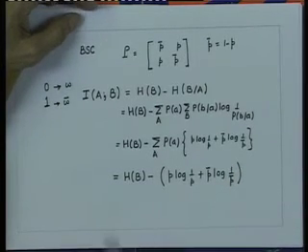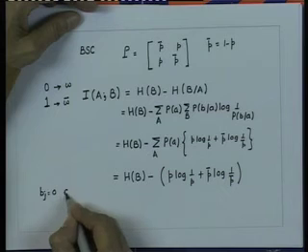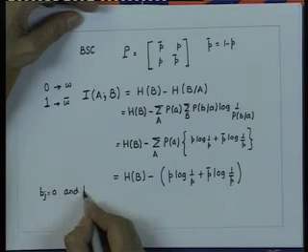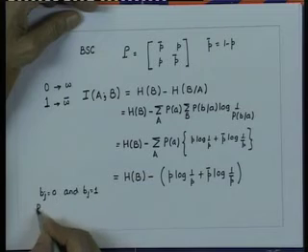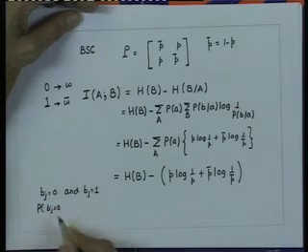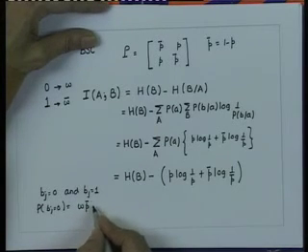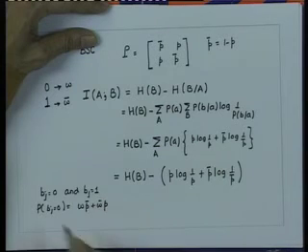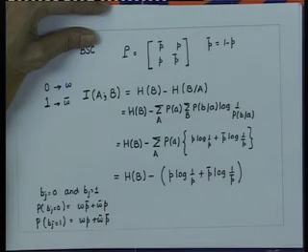Now, the probabilities that B j is equal to 0 and B j equal to 1 can be easily calculated, and it can be shown that the probability of B j equal to 0 is omega P bar plus omega bar P, and probability of B j equal to 1 is equal to omega P plus omega bar P bar.